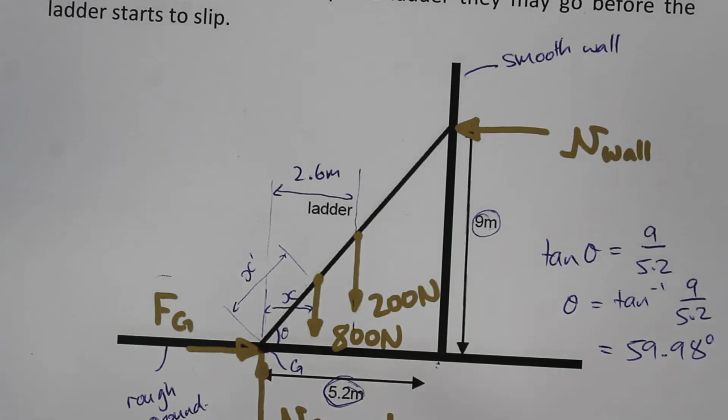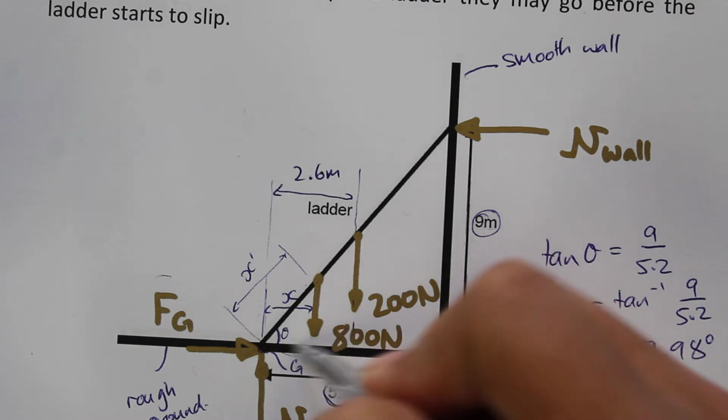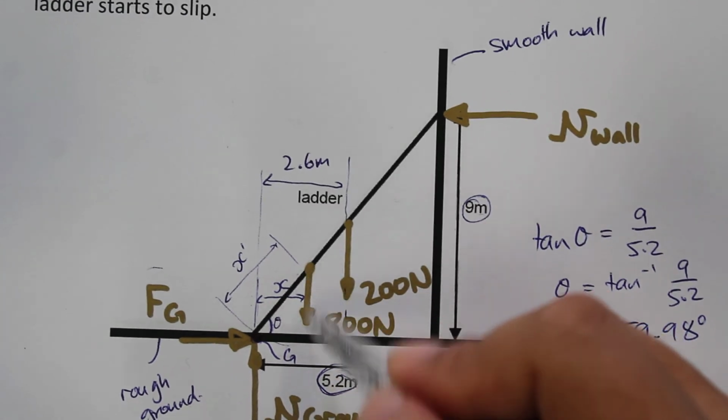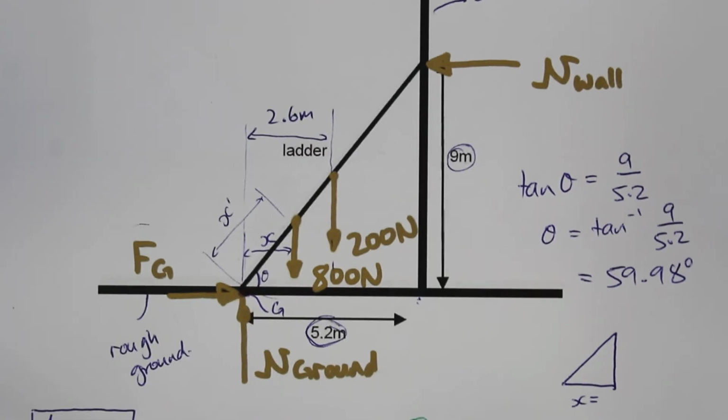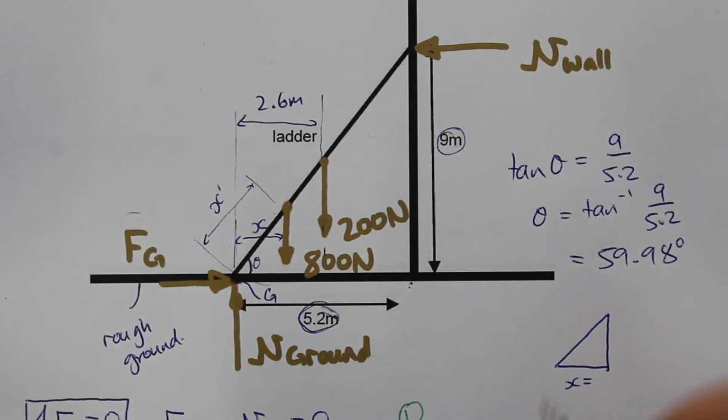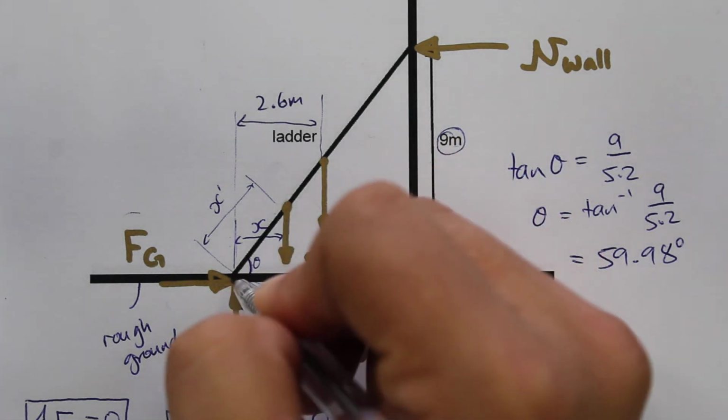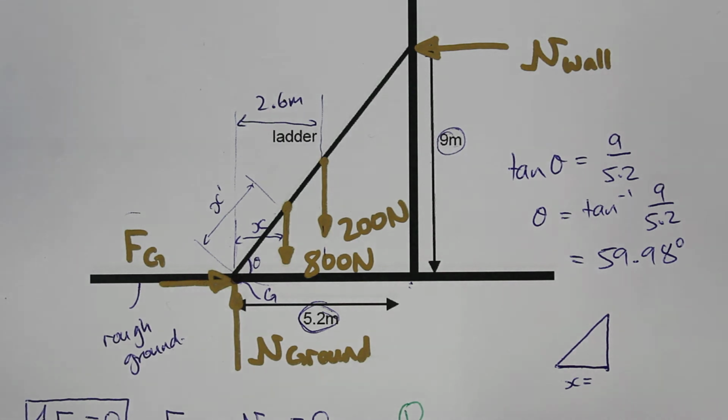Alright, so now we can draw a triangle of what's going on in this position. Here we have along in the x direction some value x, which we calculated in the previous part, which matches up with this part of our free body diagram, and was equal to 3.85 meters.